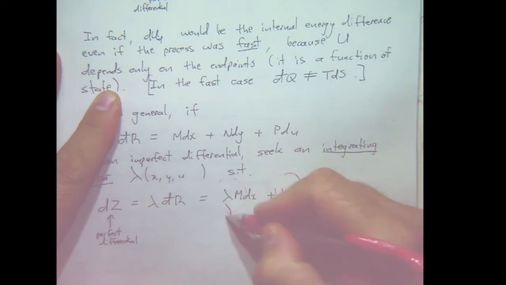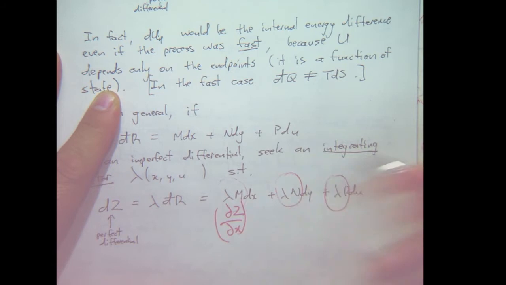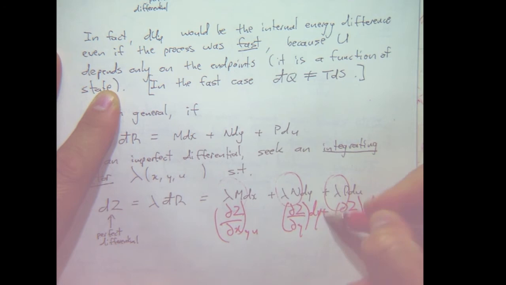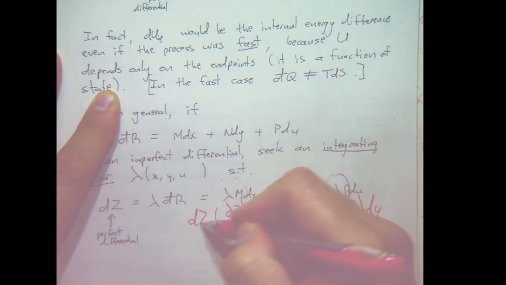There has to be dz by dx at constant y, u, dz by dy, and dz by du. And if that's true, then you have the total differential.